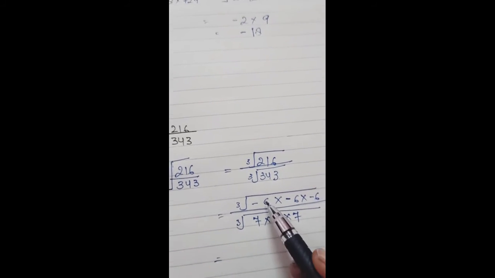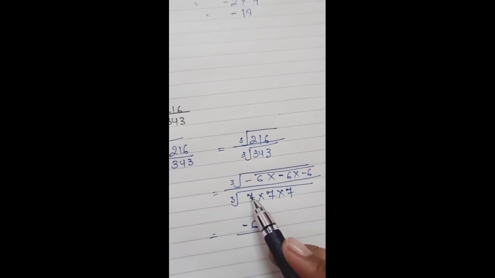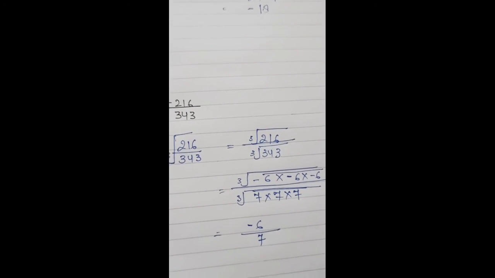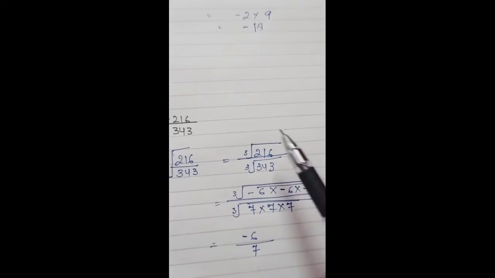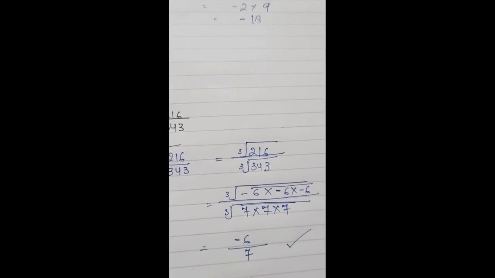Now from here we'll pick minus 6, and from here we have 7. We have to find the cube root now. So our answer is minus 6 by 7.